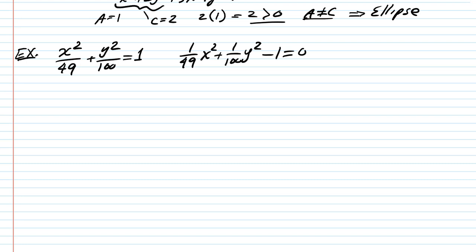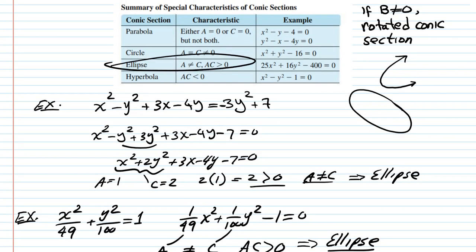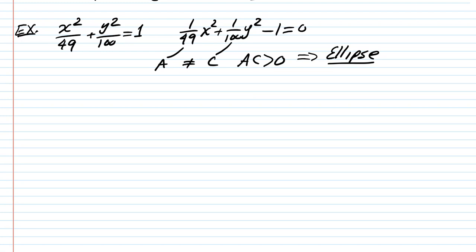Minus 1 equals 0. So there's A, there's C. A and C are not equal. AC, the product is positive. Therefore, this is going to be an ellipse. Right in here, they're not equal, the product positive. If the product's negative, then it has to be a hyperbola.